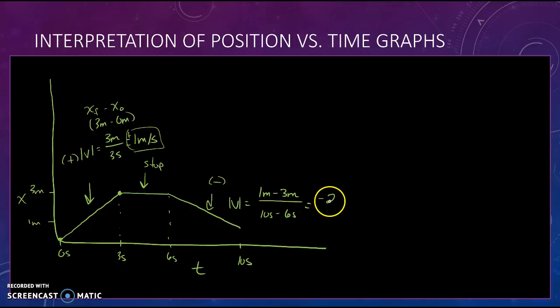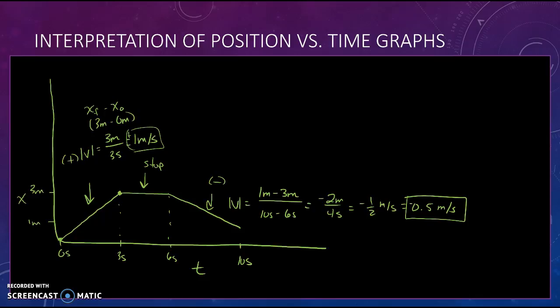So we have negative 2 meters over 4 seconds. Okay, so this will be negative 1/2 meters per second. Or, since this is science, we don't use fractions in science, so they will say that this is negative 0.5 meters per second. Okay, so that's how you would interpret a position versus time graph.